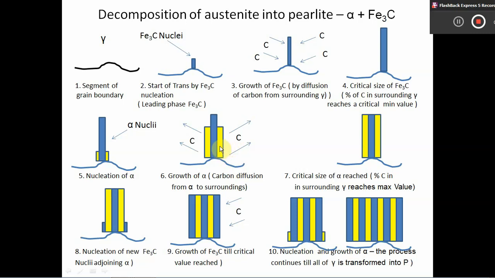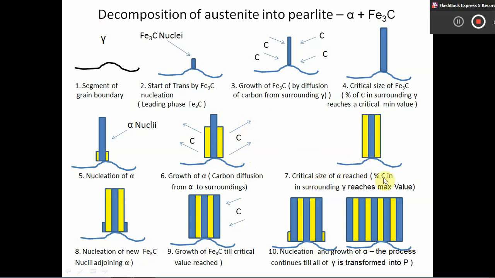So it will try to increase the percentage of carbon in the surrounding austenite. Because of further diffusion, ferrite will try to nucleate at the platelets surrounding the platelets of cementite, and it will grow till its critical size is reached.